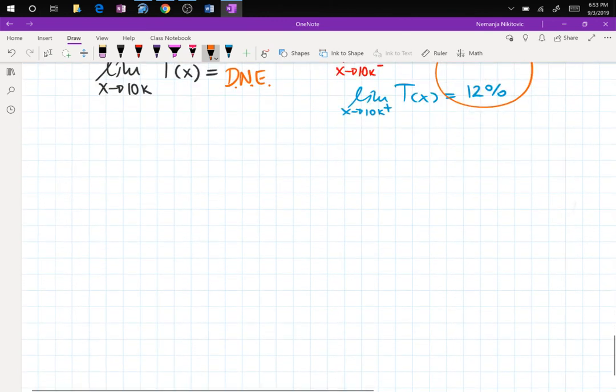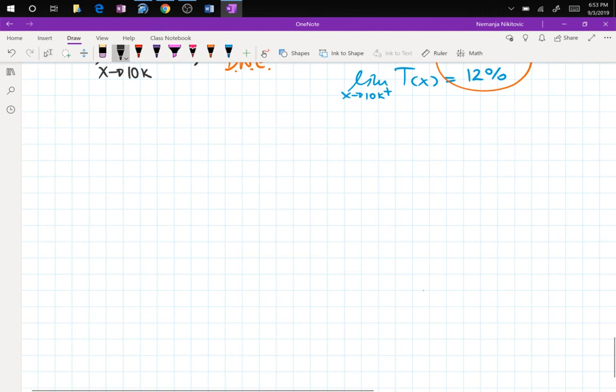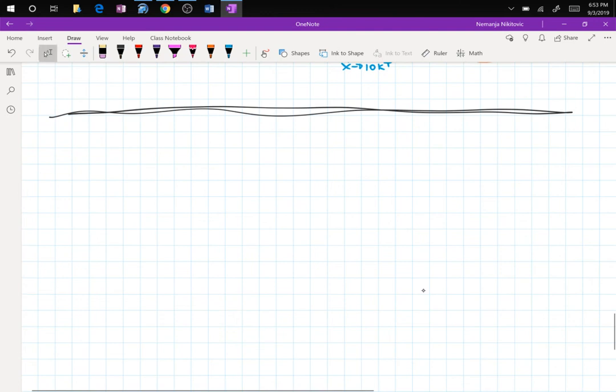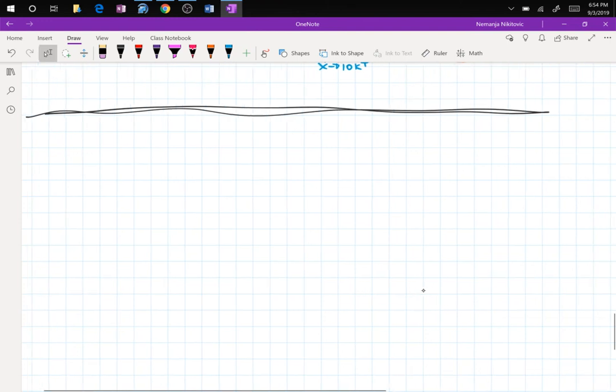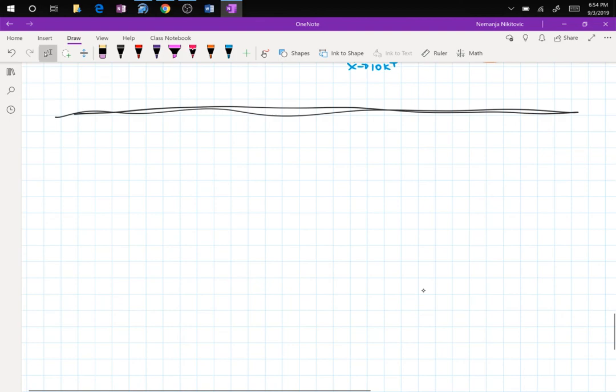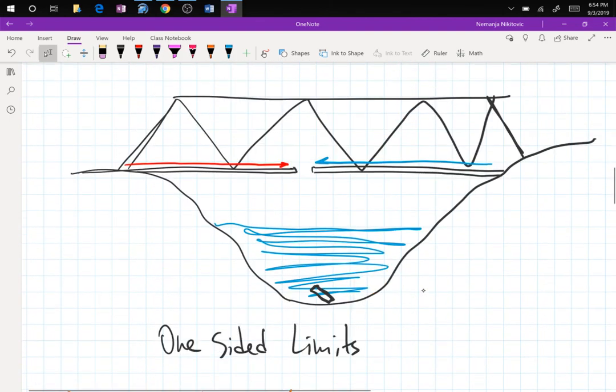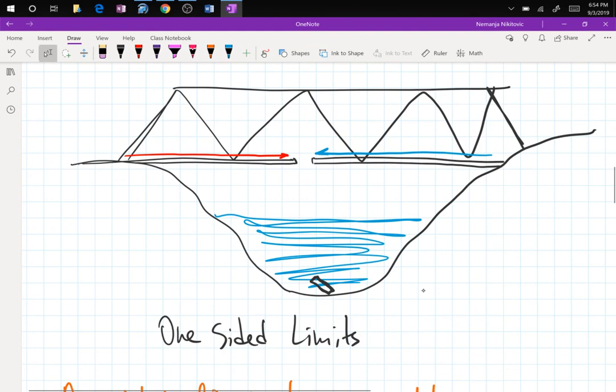The last situation that we need to discuss is the situation where the function value exists and the limit exists, but they are not the same value. And that is the bridge situation we talked about before. You see this? I'm going to draw a mathematical function for this. Romeo and Juliet agree because the bridge is level, right?